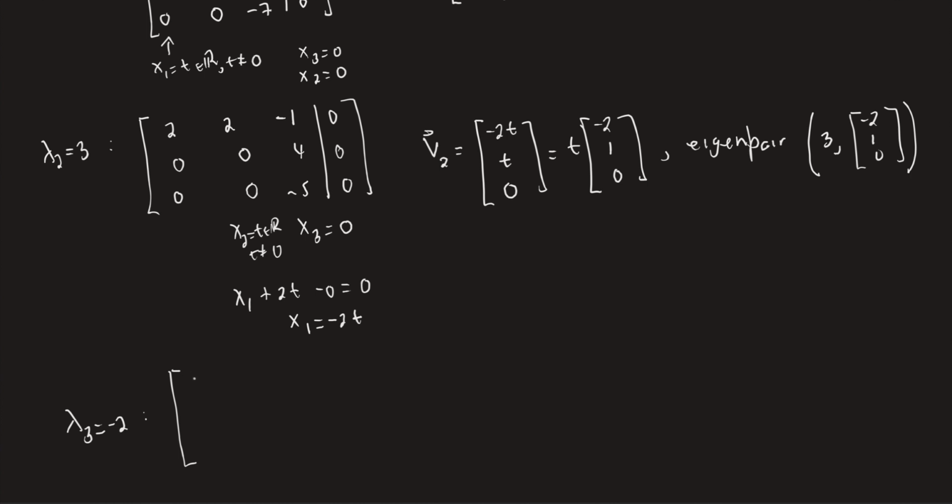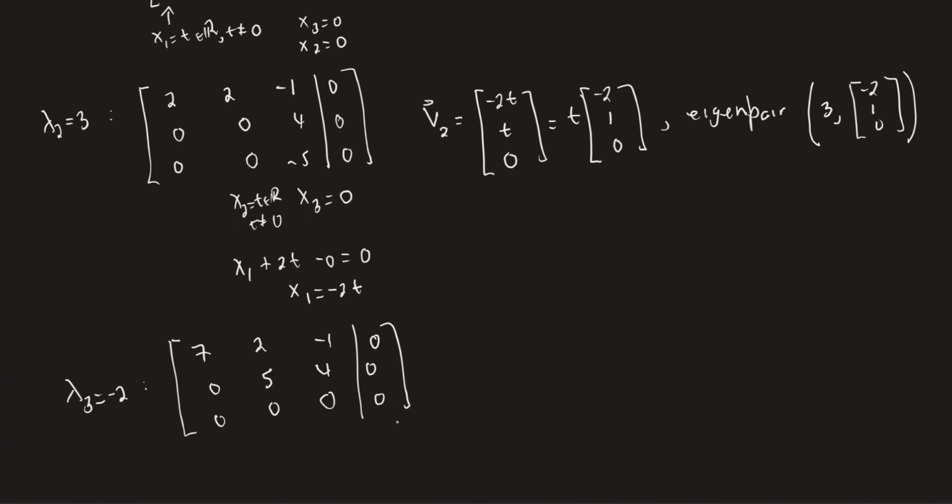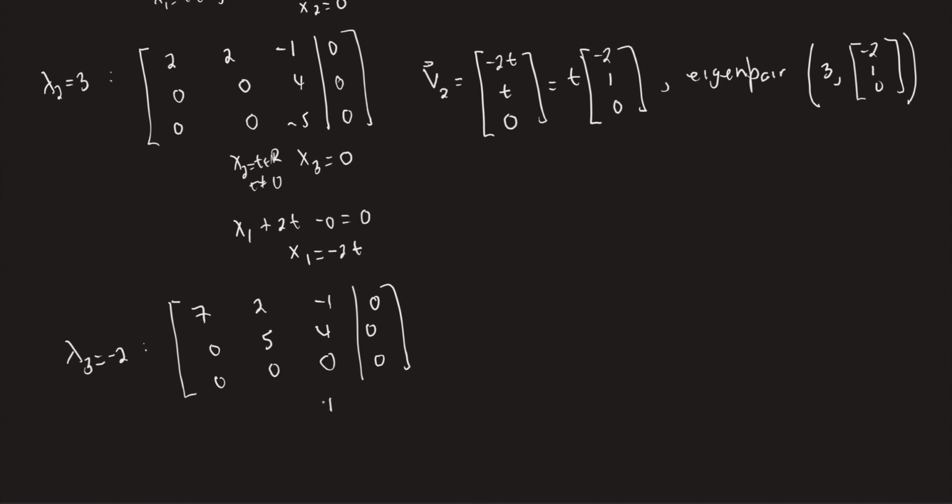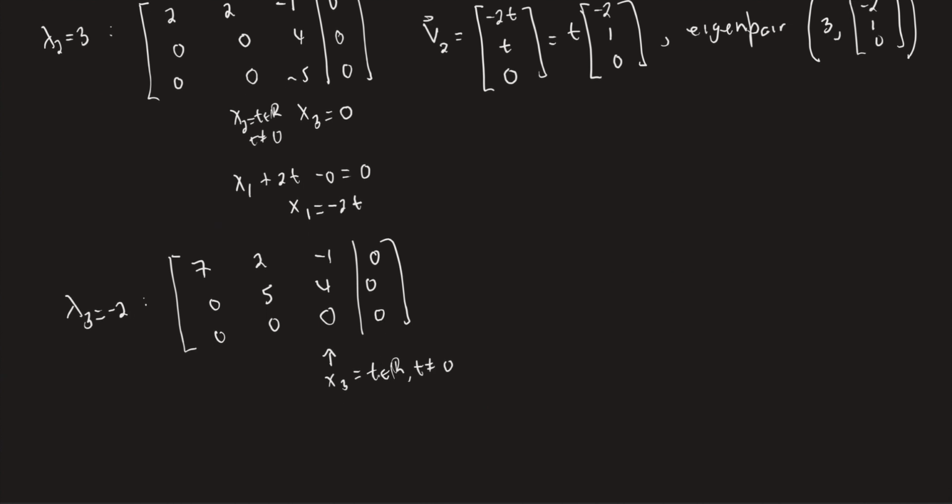So we will have 7, 2, negative 1, then we'll have 0, 5, 4, and then 0, 0, 0. And then, no pivot in column 3, so our x3 is going to be our free variable, again presumably not equal to 0. And then now we can do our sort of back substitution.